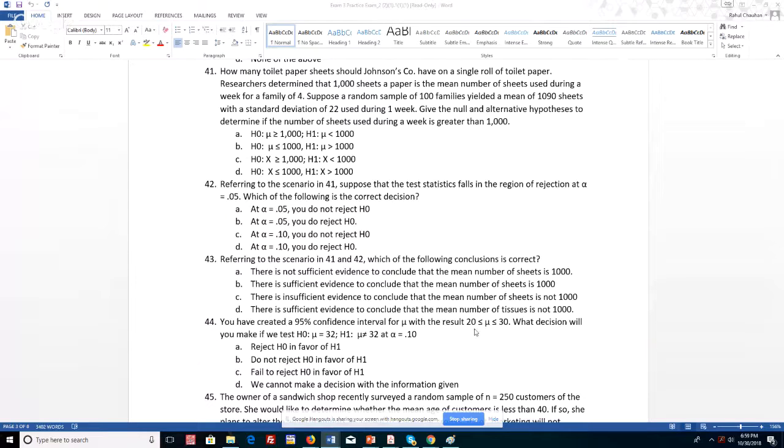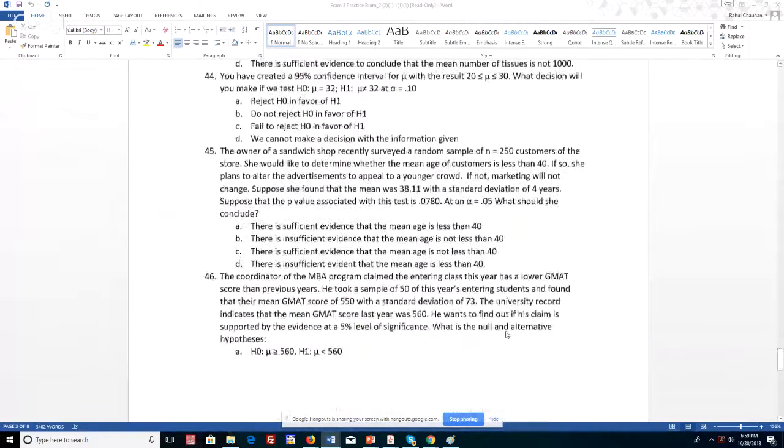It does not include 32, so we can just reject the null. So if, for example, we are testing if the mean is equal to 25, then we would not be able to reject the null. We would not reject the null. But because 32 is outside of our confidence interval, we're going to reject the null.